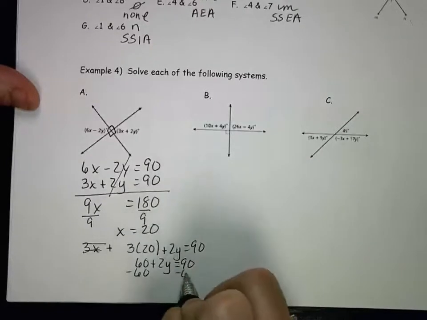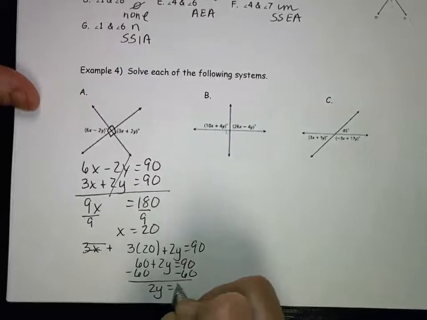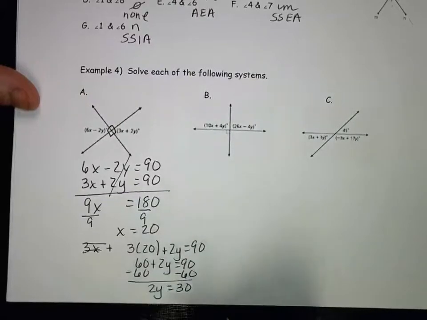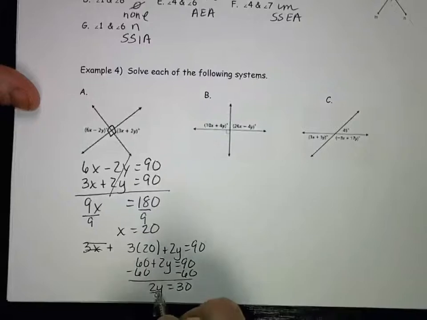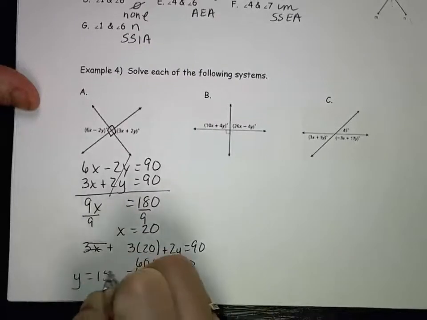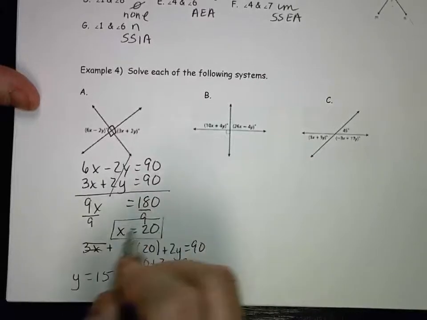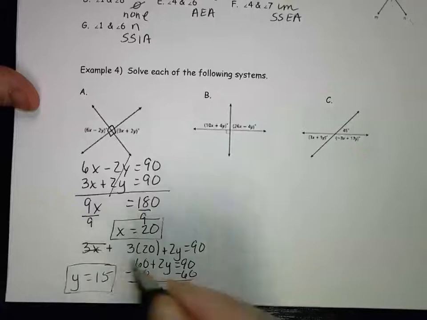When you subtract 60 from both sides, you have 2y equals 30. And when you divide both sides by 2, y equals 15. So x is 20, y is 15.